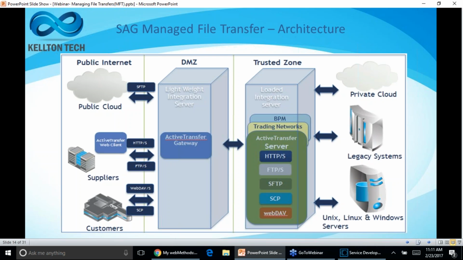It runs on the integration server and doesn't require any runtime. I'll go through this architecture one more time. It also supports clustering, and I will explain how we can overcome the FTP and SFTP challenges.